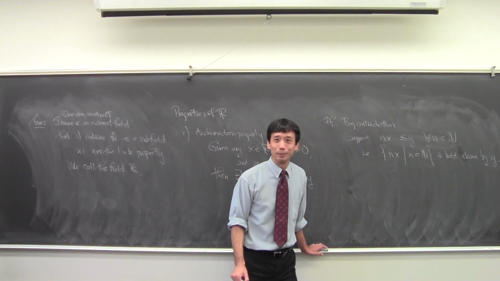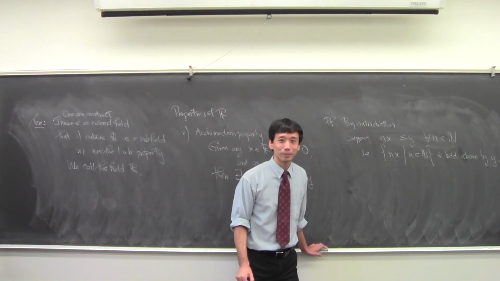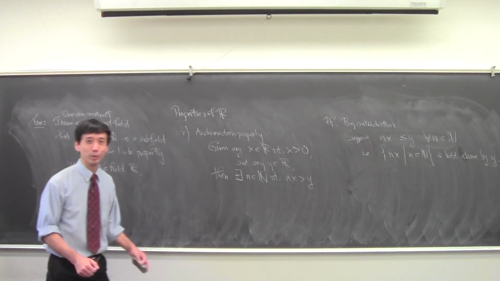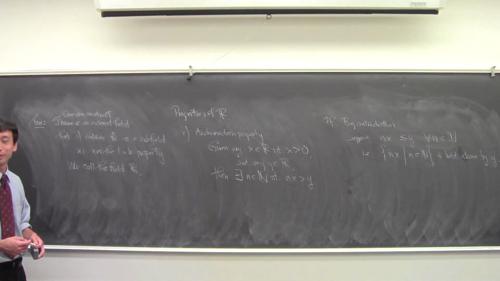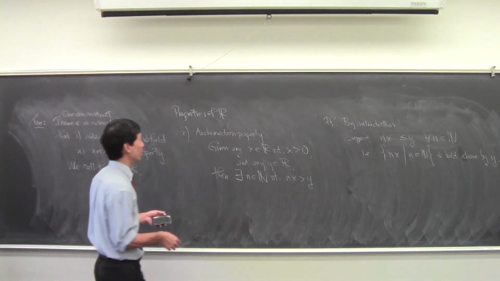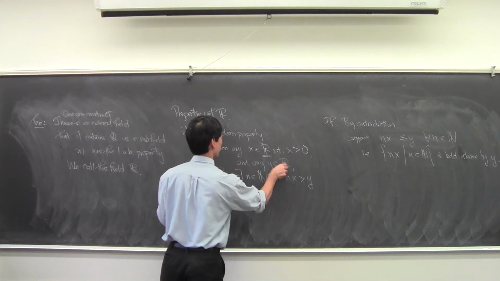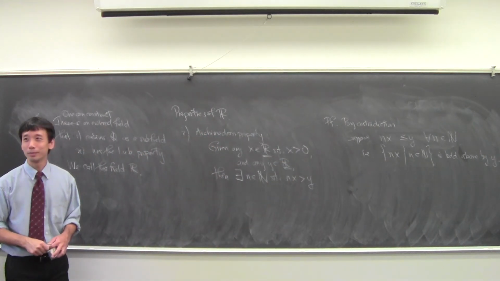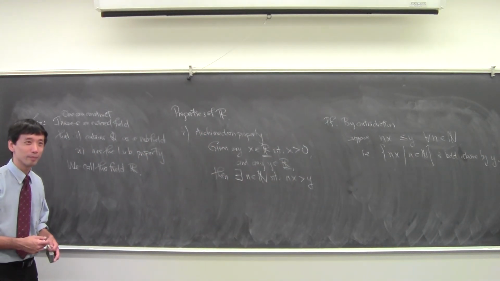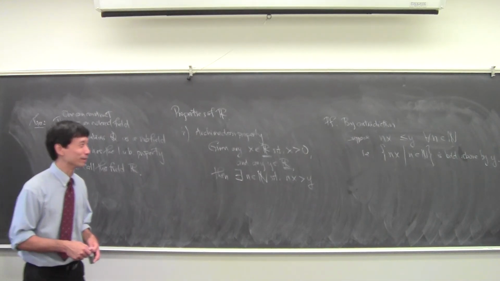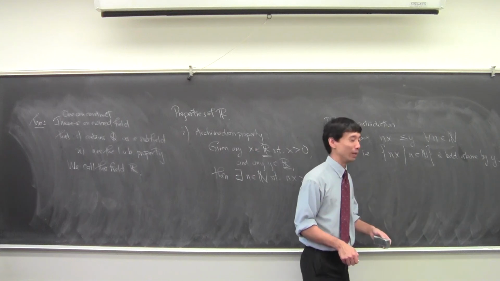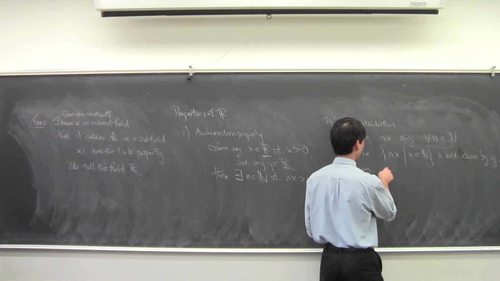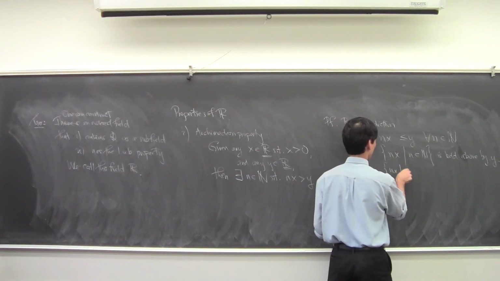Okay, what are we going to do? What's the obvious move, or maybe the only move that we can make at this point? This is a statement about R. What's good about R? It has the least upper bound property. So this set is bounded above, so it has a least upper bound.